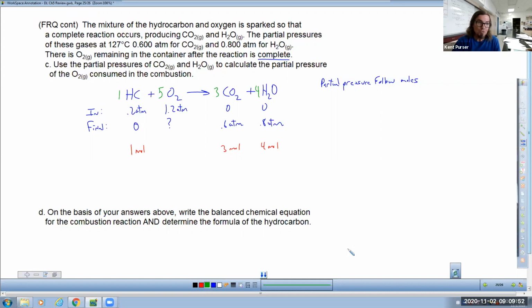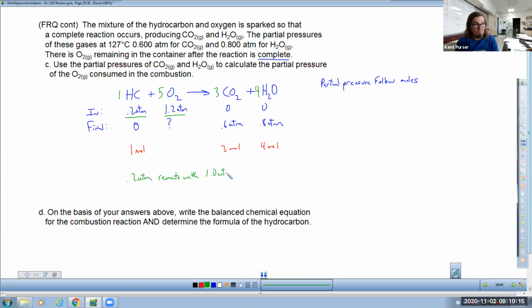The partial pressures follow the mole ratio. So if this is reacting in a 1:5 ratio, then these have to be consumed in a 1:5 ratio. So 0.2 atmospheres reacts with 1.0 atmospheres.